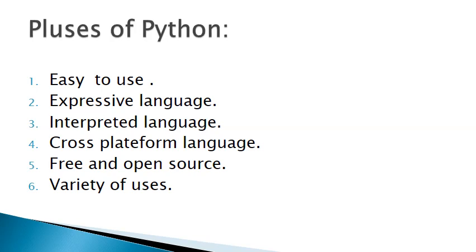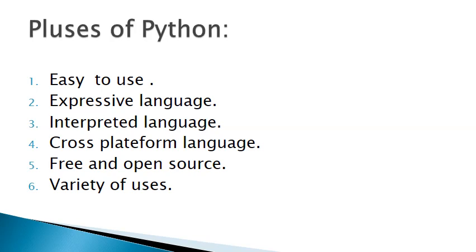Let us have a look at the pluses or merits of Python. First, it is easy to use, means we can design any program by using this language very easily without having knowledge of much complexity because its syntax is very easy.